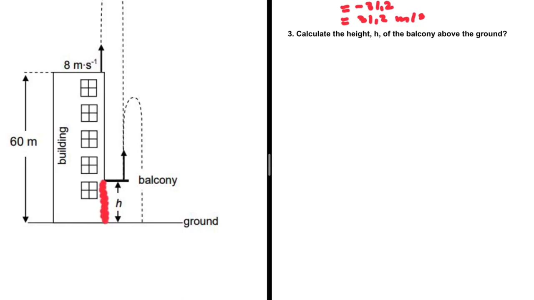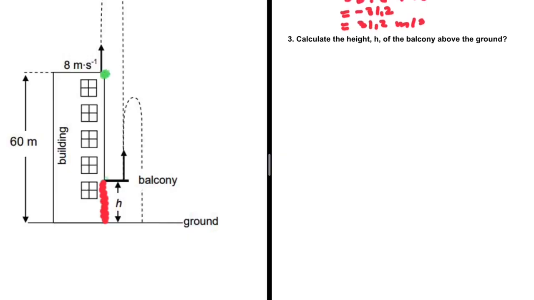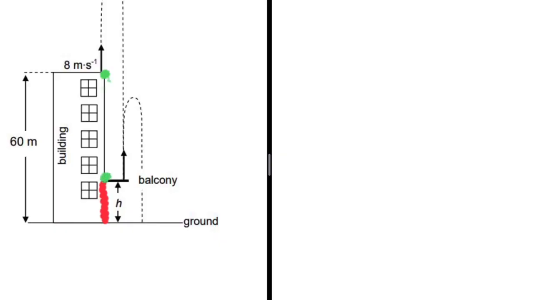But let's take a look at the information we have. What we have is the initial velocity at the top of the building and the velocity as our object strikes the balcony. With that information, we can find the height from the top of the building to the balcony.